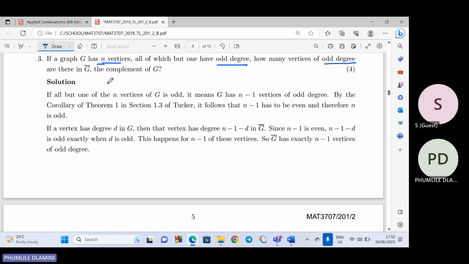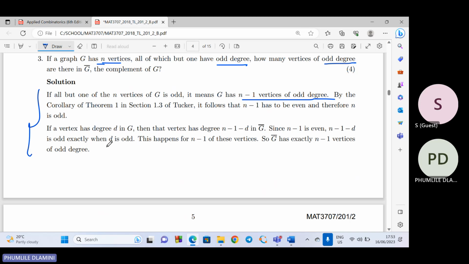If you check your solution, they are just explaining. If all but one of the n vertices of G have odd degree, it means that G has n minus 1 vertices of odd degree. By the handshaking theorem, n minus 1 has to be even, and therefore n is odd.